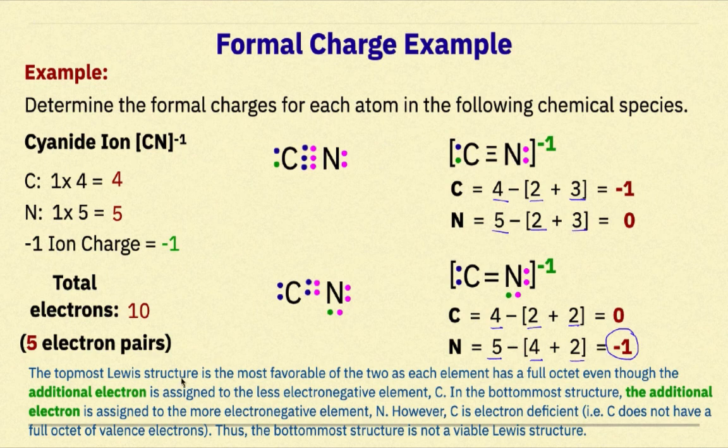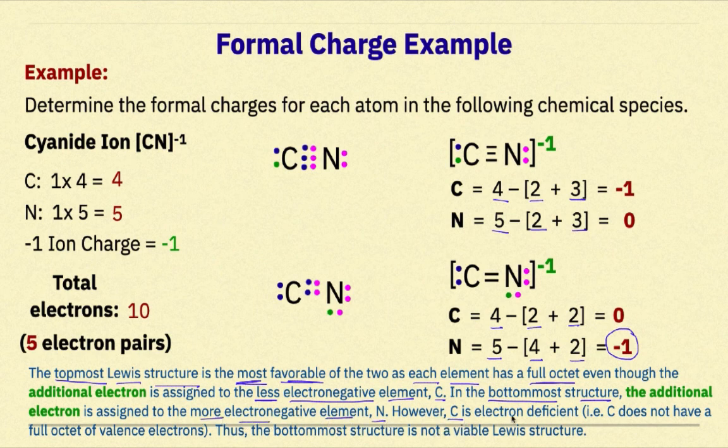So the topmost Lewis structure is the most favorable of the two, as each element has a full octet, even though the additional electron is assigned to the less electronegative element carbon. In the bottommost structure, the additional electron is assigned to the more electronegative element nitrogen.